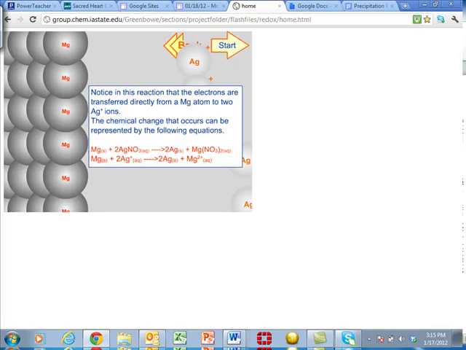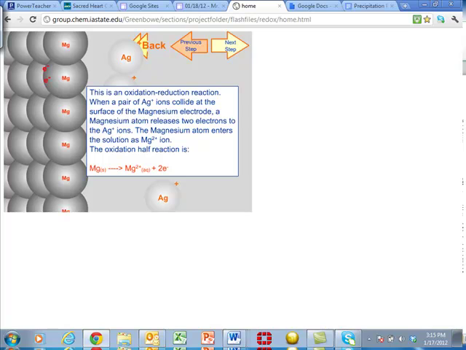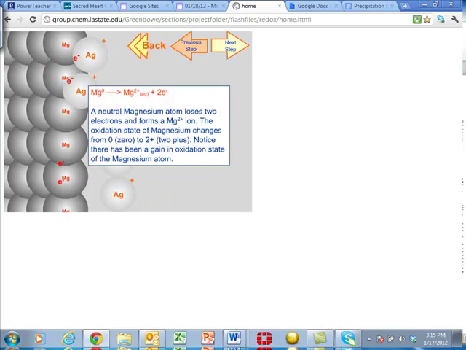So that gives us that transfer. Here we have our net ionic on the bottom that shows us the different charges. Now there's 2 silvers coming across. Magnesium becomes a magnesium with a +2 and 2 electrons, to give us that equation.